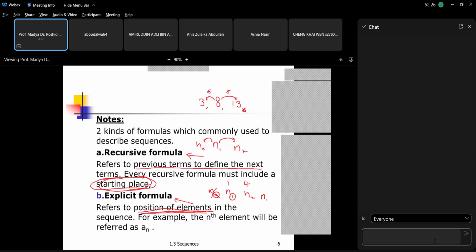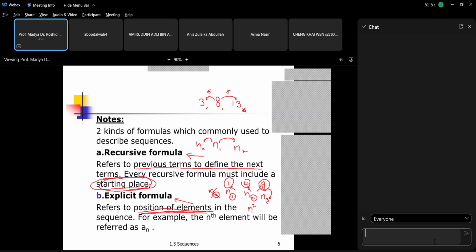The location of N3, 9. So what is the relationship between the value and the location? Based on this pattern, we can see that each location we need to square. It means n square here. All these values we need to put n square in order to get the number at each value.